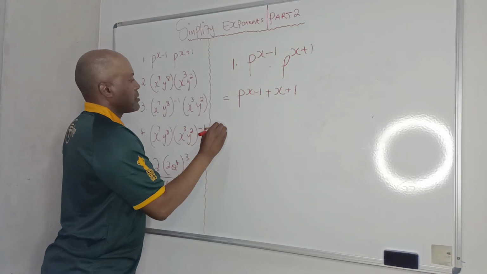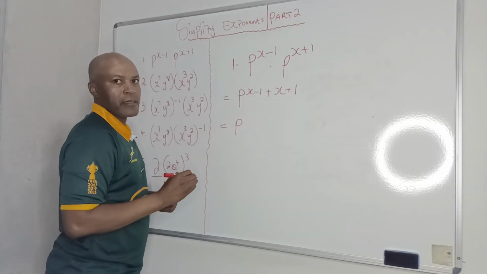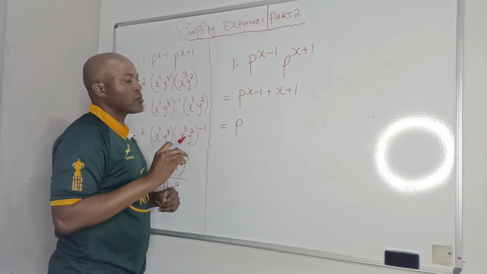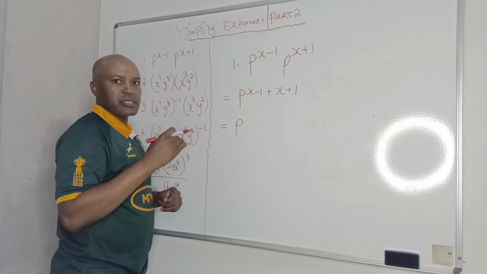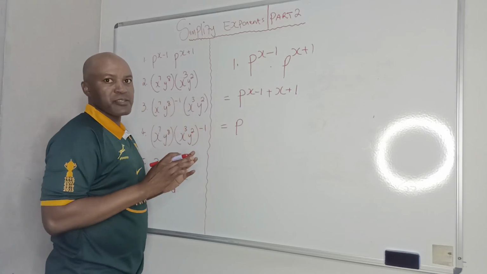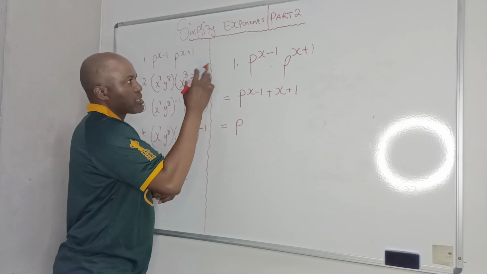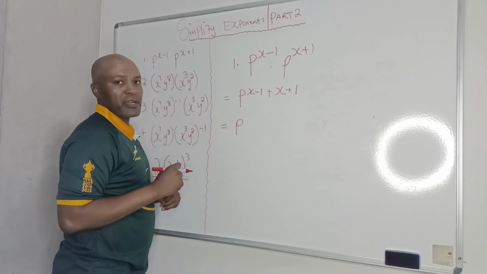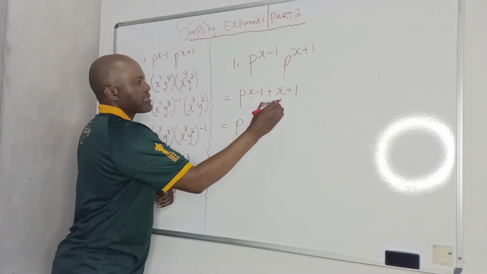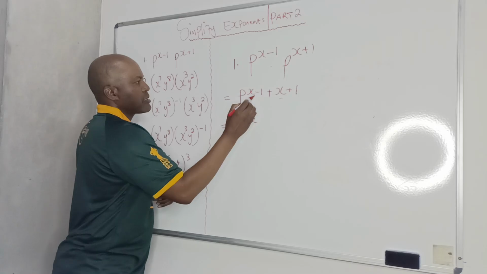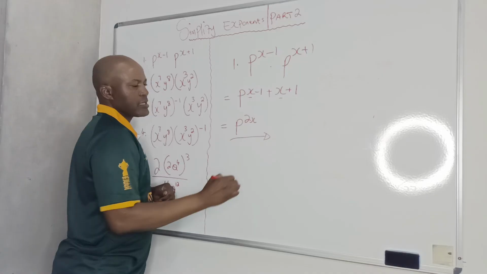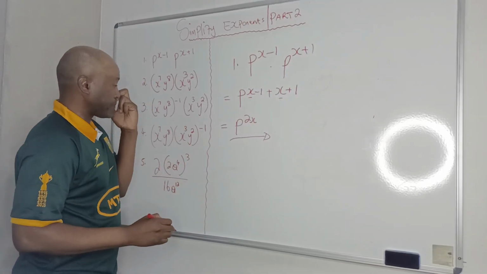Then I keep the base. Remember, if you haven't watched that video where we deal with the laws of exponents, please go and watch it. It's very important so that you can simplify this. Here we're going to add the like terms. x and x, we get 2x. Negative 1 plus 1, they cancel each other. It means this is going to be our answer.